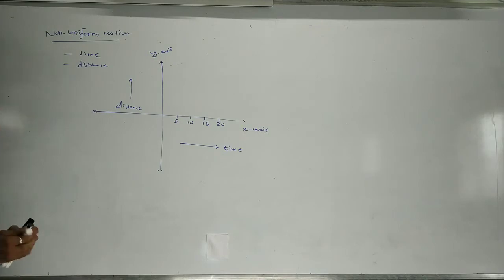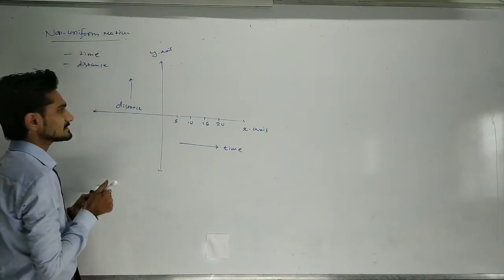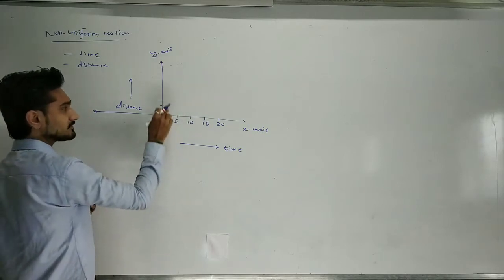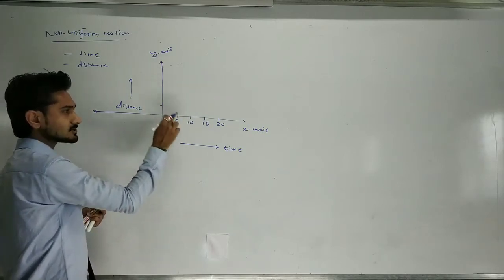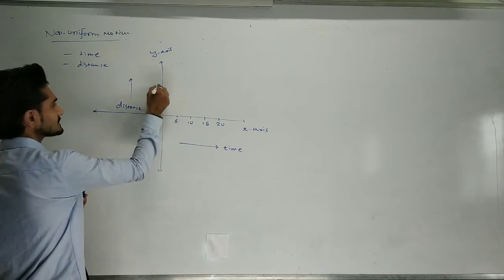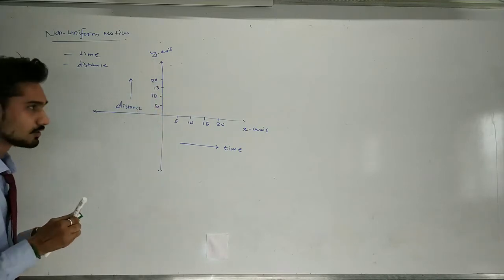Now in 5 minutes, let us write the distances here. But I am not telling you that I have covered 5 kilometers in 5 minutes, not like that. I am just writing the distance here, not the distance covered by my object or my body.